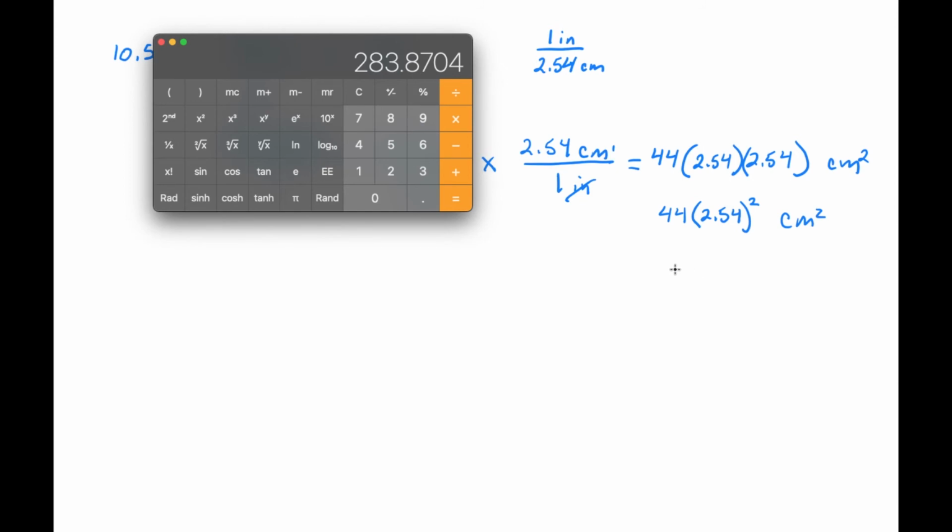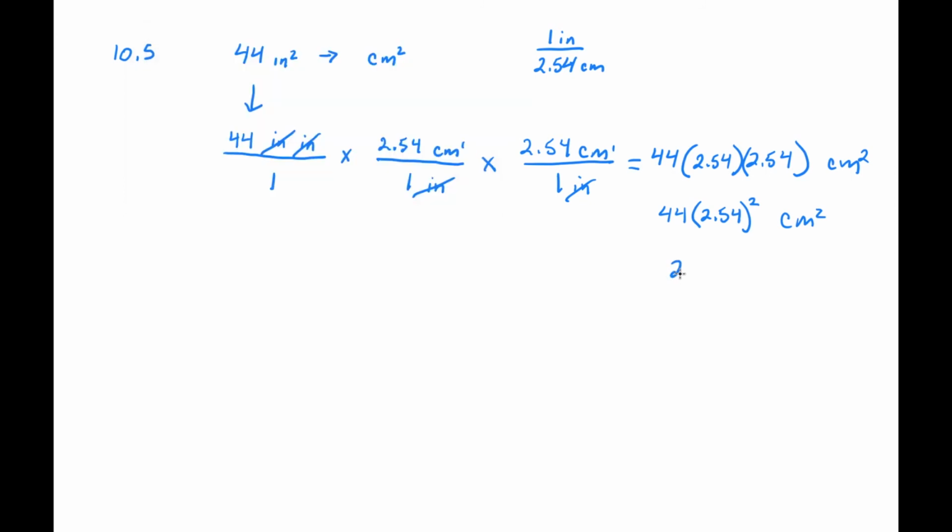I'm going to round it to the second decimal. I'm just going to do 2 decimals on my answers. So 283.87, and the centimeters remain squared because it is area. So either one of these would be an acceptable answer on Jupiter Ed.